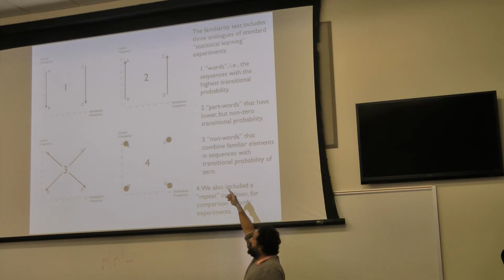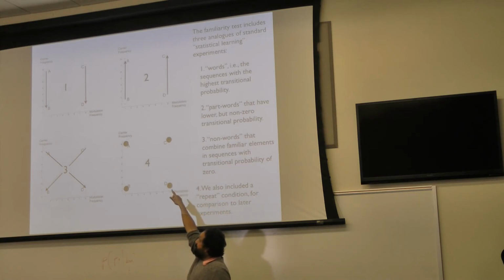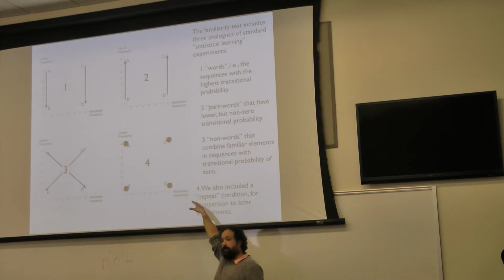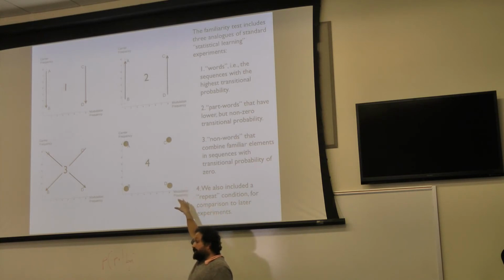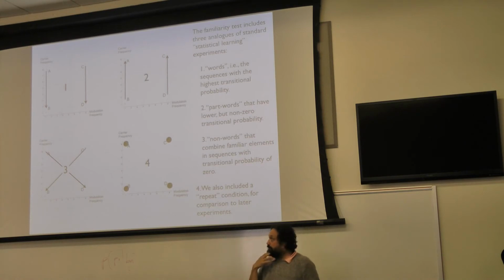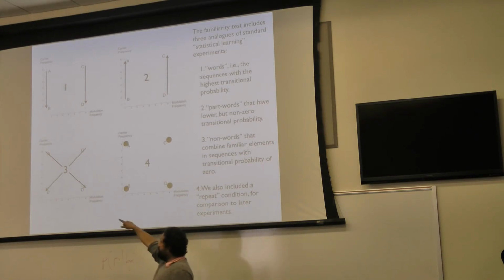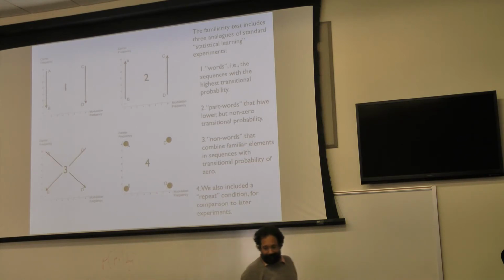You might go to C. So if you just reverse that A-B sequence, then you have a sort of part word type condition where it's something that you've had some experience with, something that you've been exposed to, but it's not the most predictable sequence, right? Then we can make non-word stimuli where you go from A to D. You just never do that in the experiment. And then for comparison with later experiments, we repeat stimuli in the A category.